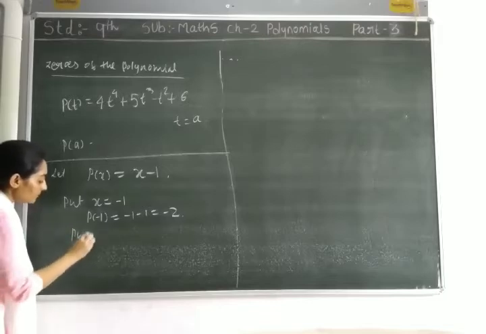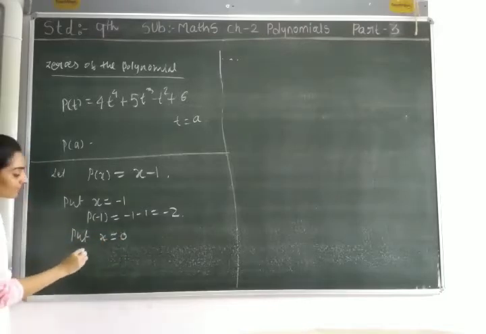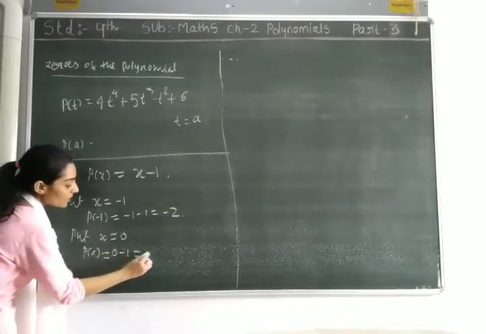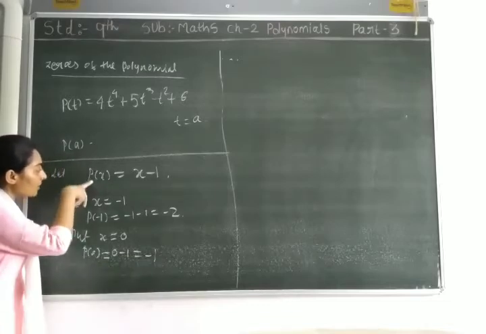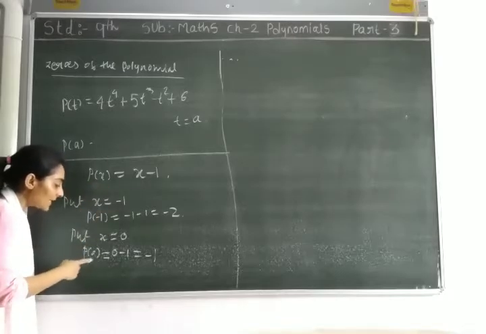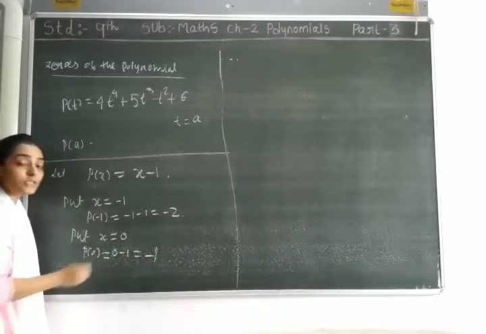Now put x equals to 0. So p of 0 equals to 0 minus 1 equals to minus 1. So the value of this polynomial at x equals to 0 is minus 1.